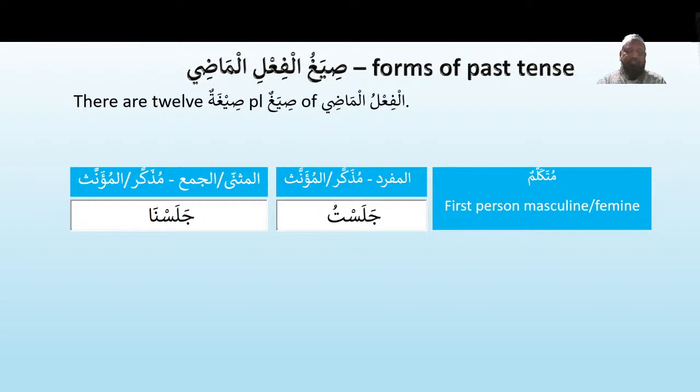Now, ism dhahir can only be with the first two forms, the mudhakkar and the muannas. The rest of the forms cannot have ism dhahir in the sentence, because they already have the fa'il built in.